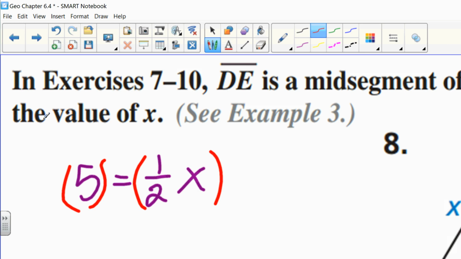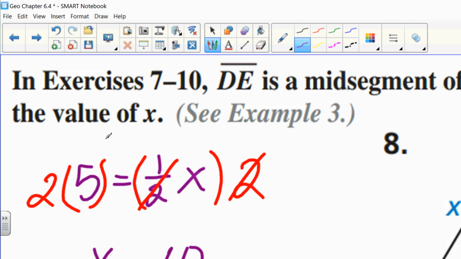We can multiply by 2, because 2 times 1/2 is 1. 5 times 2 is 10.